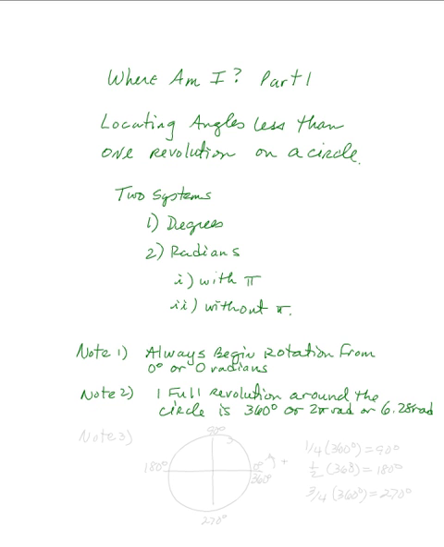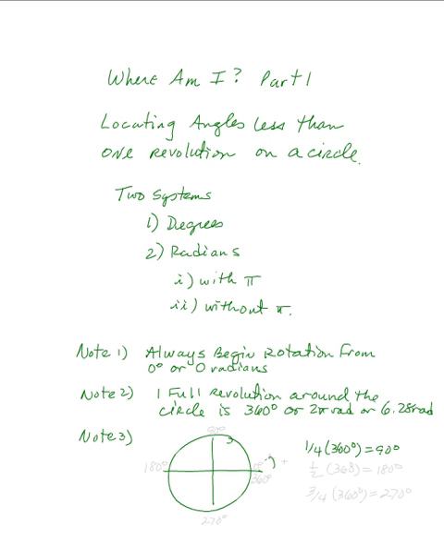Okay. And the last note we're going to make is that we assume we already know certain points of reference, certain angles that are very important along the circle. So let me just cover those a little bit. If you know that 1 revolution around the circle is 360 degrees, then 1/4 of 360 is going to be 90 degrees.